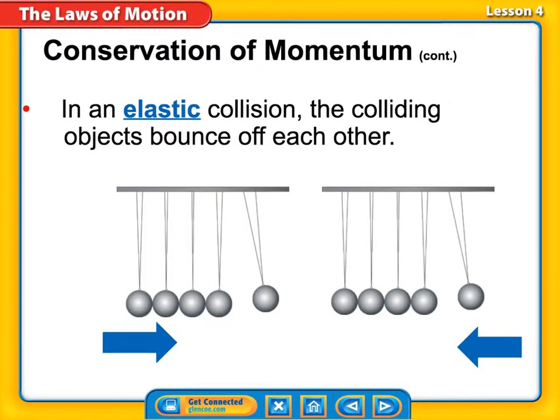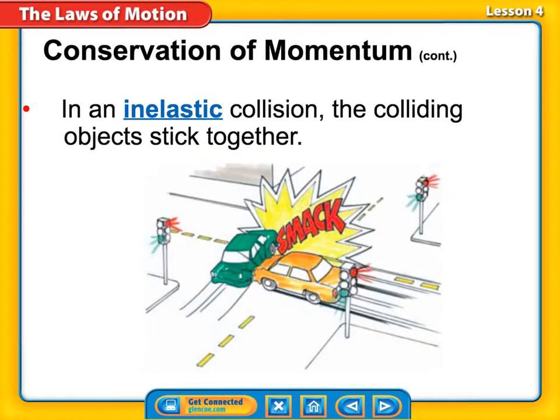Now, an elastic collision is when the objects bounce off of each other, just like what you saw with the pool balls. They bounce off of each other and the momentum is transferred. But that's not what always happens. In an inelastic collision, your objects might stick together. In this case, the car sticks to the other car and they both move forward as a group.